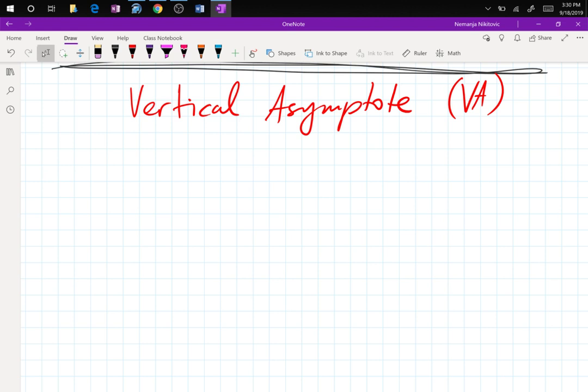We have a calculus definition that uses the limit. And we can define the vertical asymptote now as the vertical line where the one-sided limits or the overall limit are infinite. So that's how you know that there is a vertical asymptote.